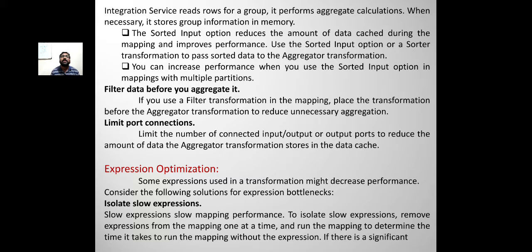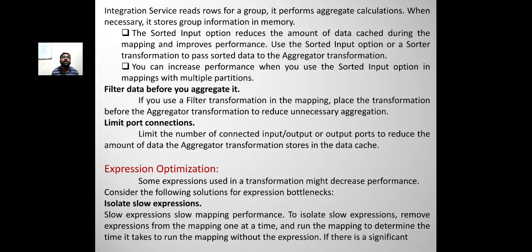The Integration Service reads rows for a group. It performs aggregator calculations when necessary. It stores group information in memory. The sorted input option reduces the amount of data cached during the mapping and improves performance.